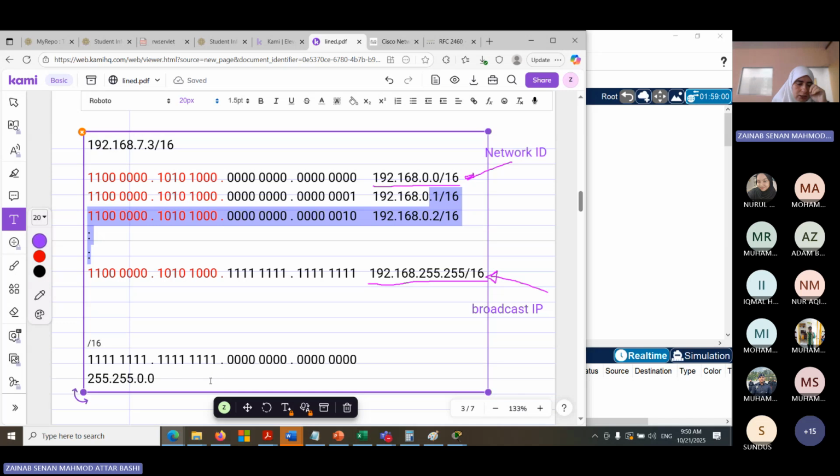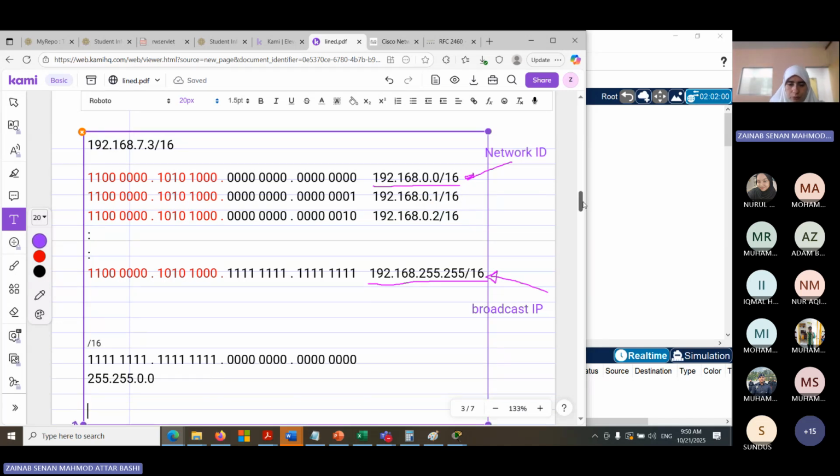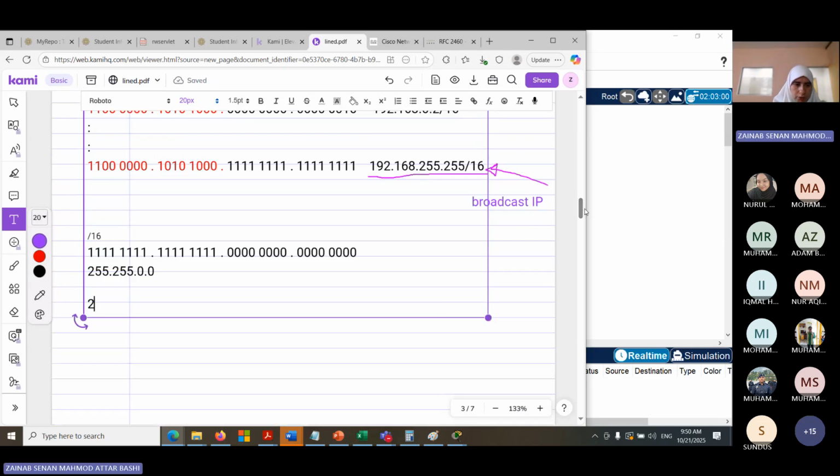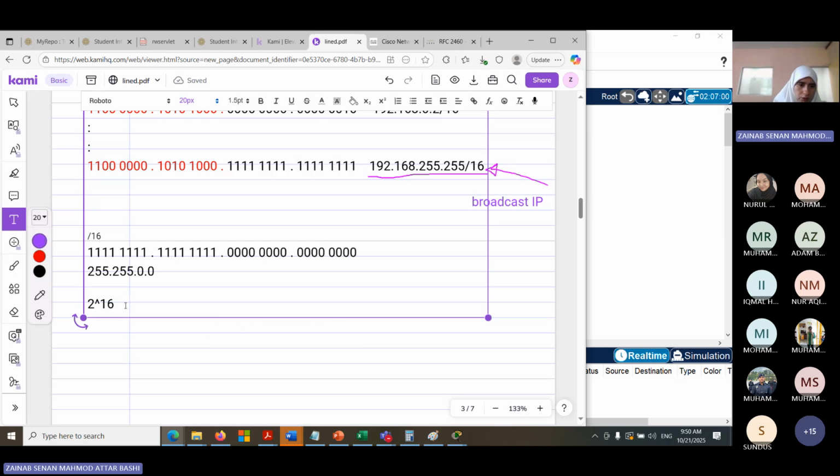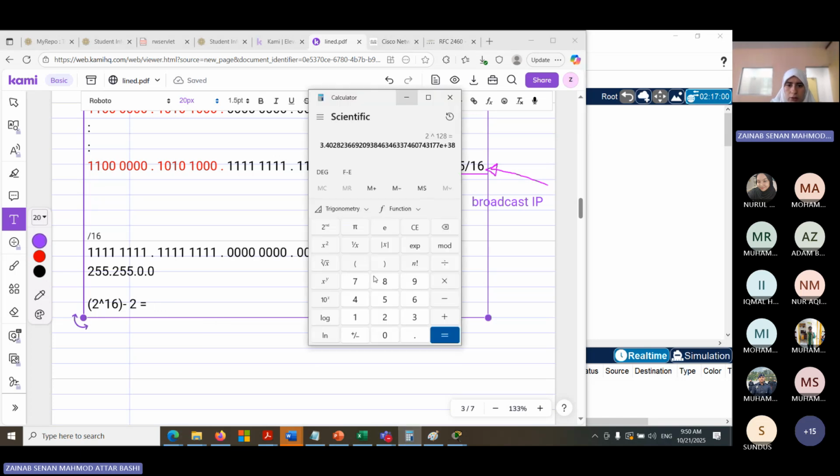So if that's the case, the number of devices we can have in this network will be 2 to the power 16, because there are 16 bits, minus the 2 IP addresses we cannot use, the first one and the last one. If we have /16, how many devices can we have in that network? 2 to the power 16, let's ask the calculator.